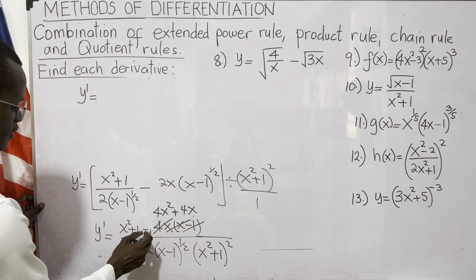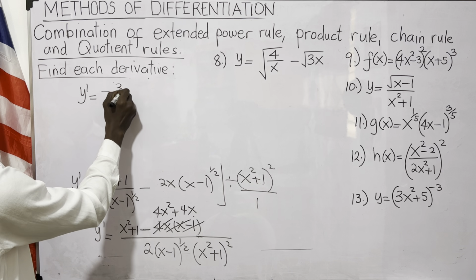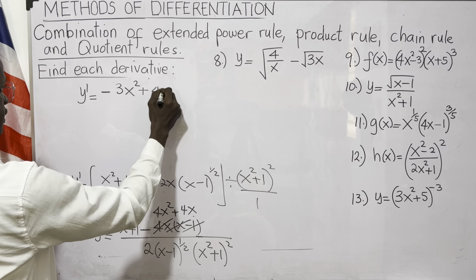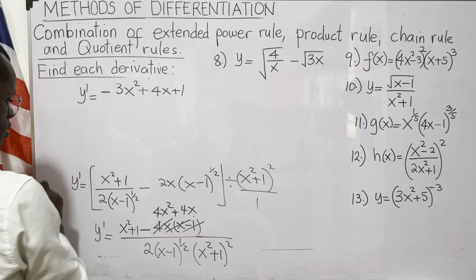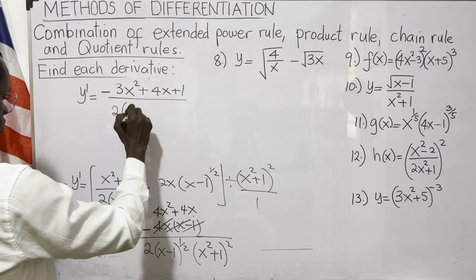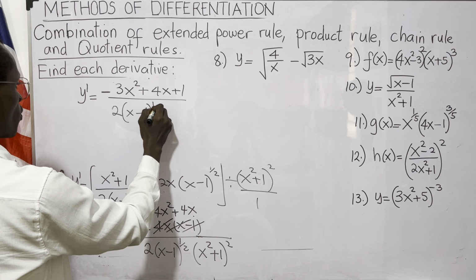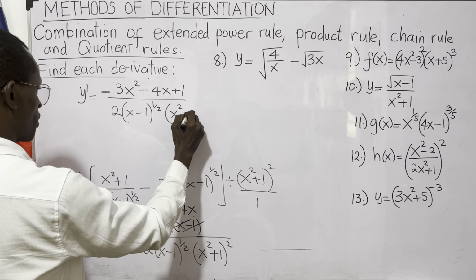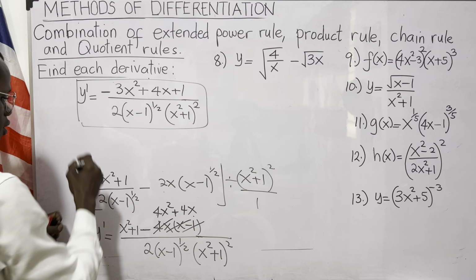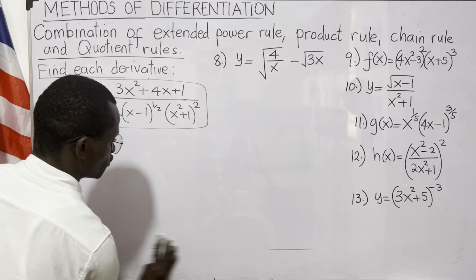So x squared minus 4x squared gives us minus 3x squared, and then plus 4x plus 1, all over 2 times x minus 1 raised to the power 1 over 2 times x squared plus 1 raised to the power 2. So this is also how we find the derivative of this particular expression. So let's move to the next one.